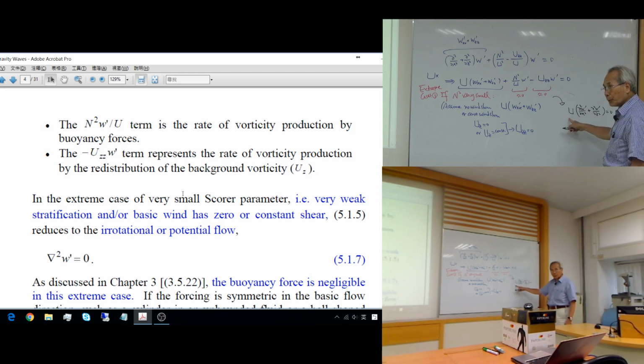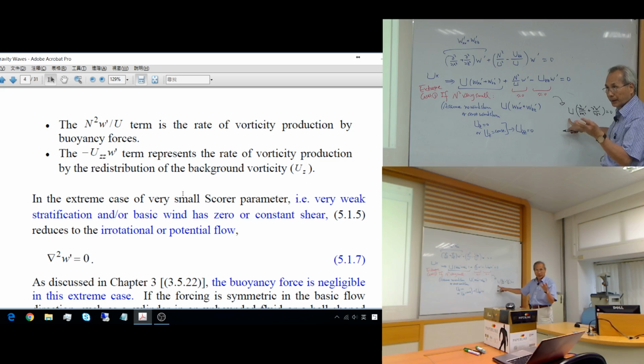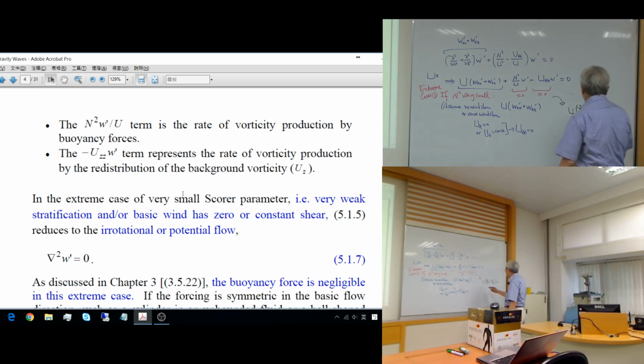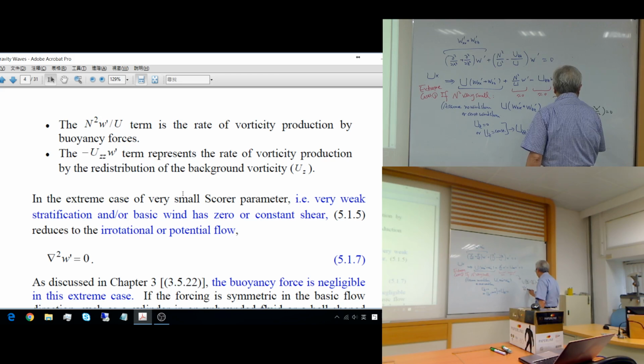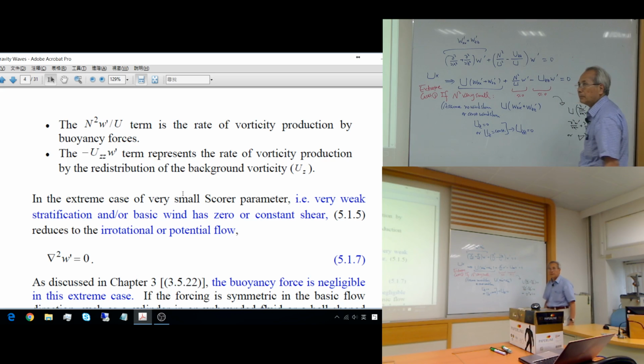We divide by U, and U is not 0. Then this becomes d square w prime dx square plus d square w prime dg square equals 0, or we can write it as the Laplacian equals 0.